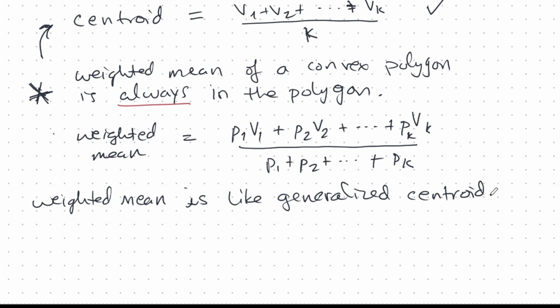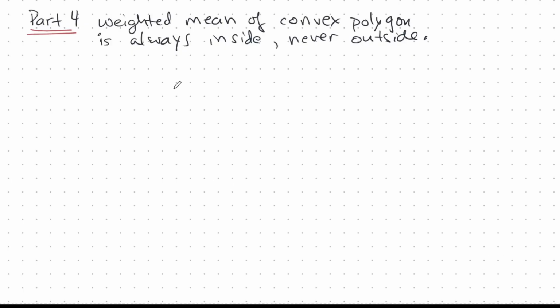It's the same concept. So we're going to prove that this point here is always inside the polygon. We're going to prove the main result, that the weighted mean of a convex polygon is always inside, never outside. Our convex polygon will have k vertices.